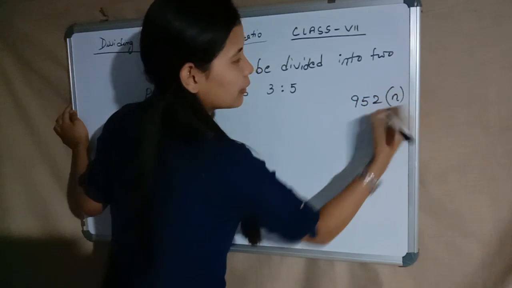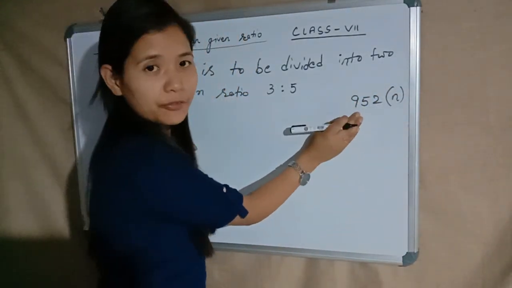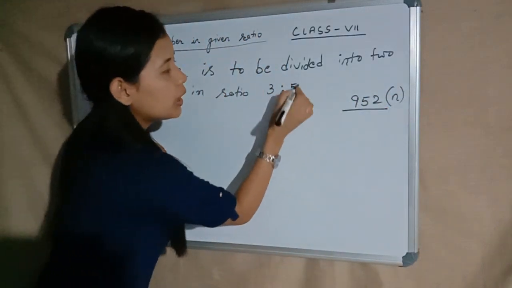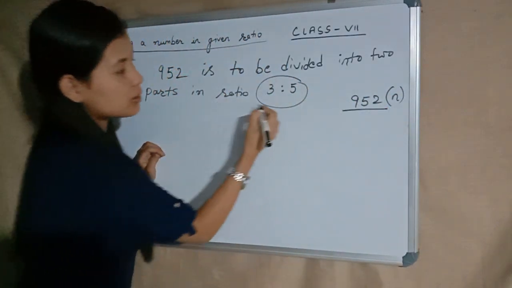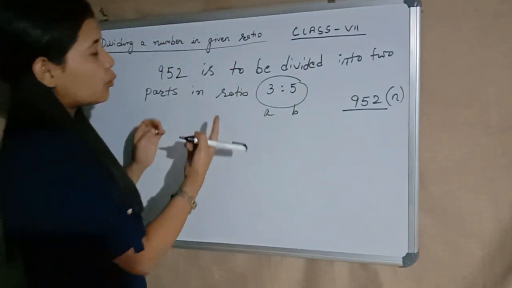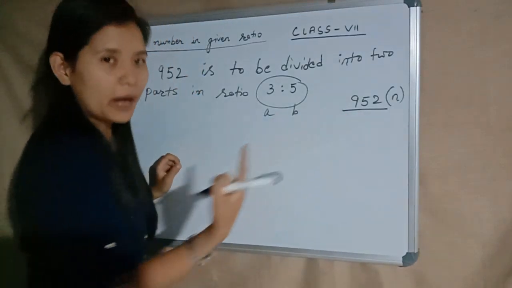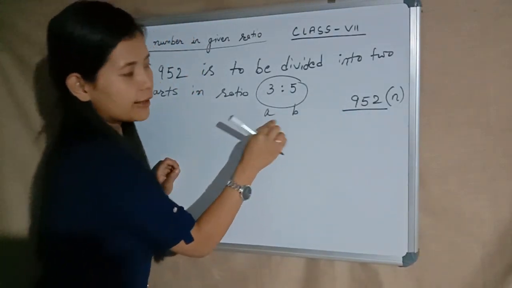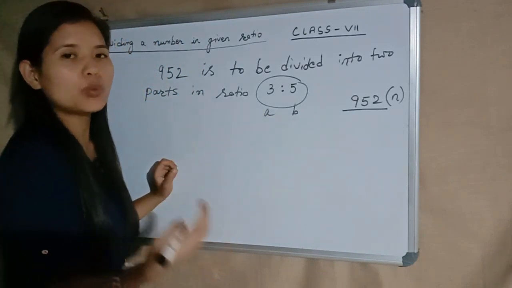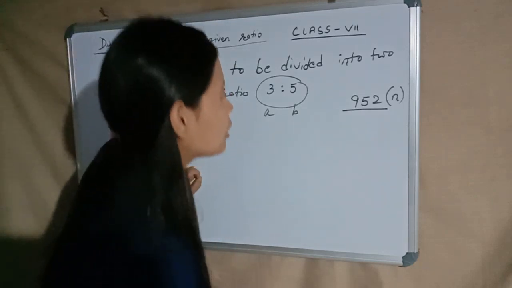This is n, as we explained the concept previously. So our n here is 952, and we want to divide this 952 in the ratio 3 is to 5. So this is our a and this is our b. I want to divide this number 952 into two parts in the ratio a is to b. My problem here is to find out what the first part and the second part will be.